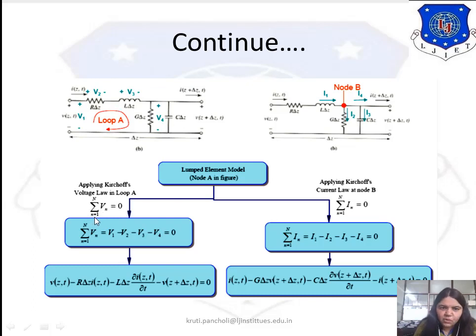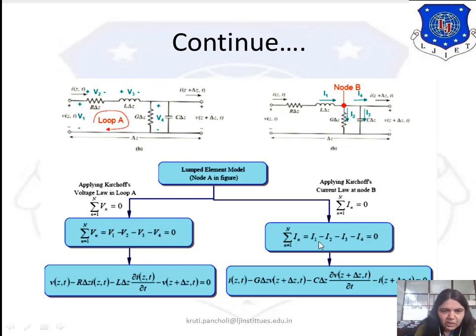So sigma n equal to 1 to n, Vn is equal to 0. According to the polarity, minus to plus we are mentioning positive, so V1 minus V2 minus V3 minus V4 is equal to 0. Positive to negative, we write negative. Negative to positive, always the positive polarity.